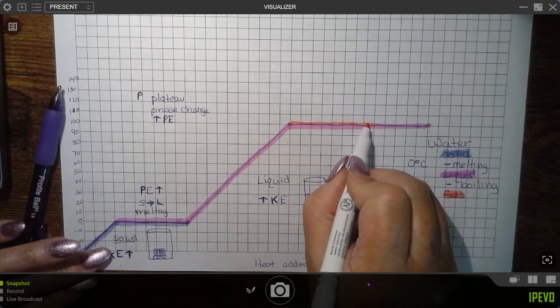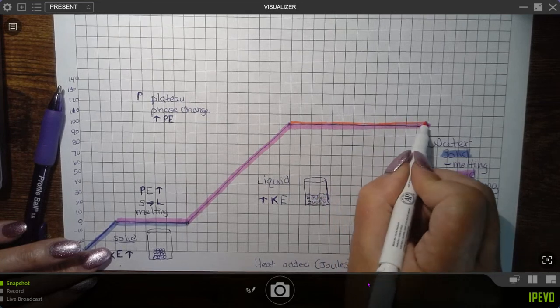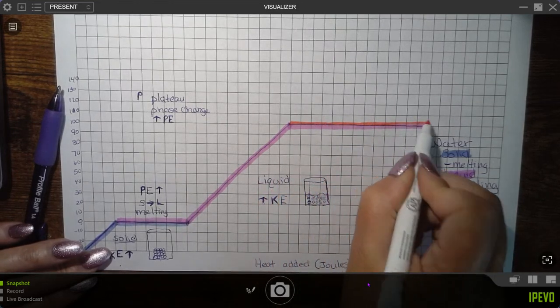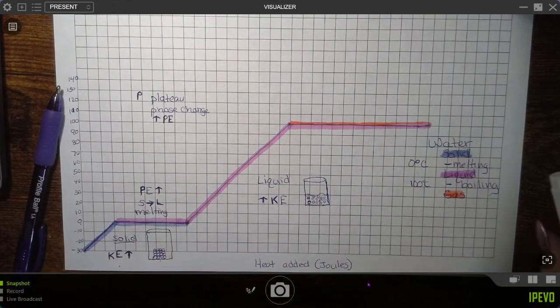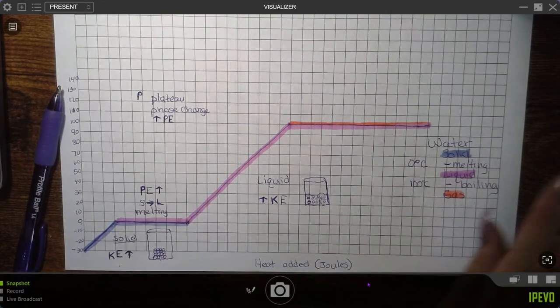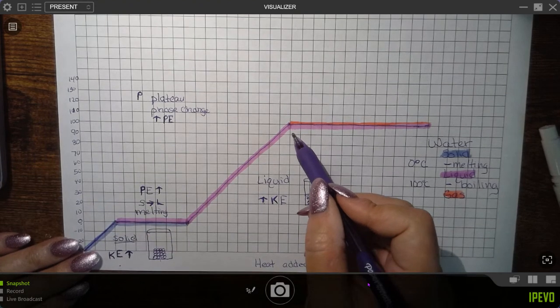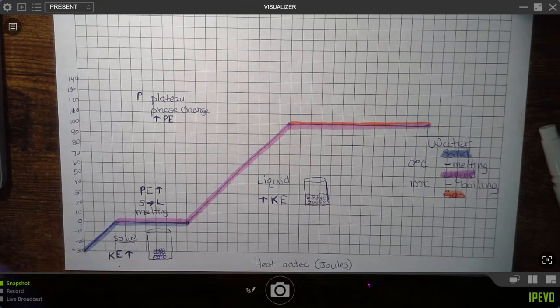So along this plateau, two states of matter are present. The temperature is not increasing, but those intermolecular forces are being broken.